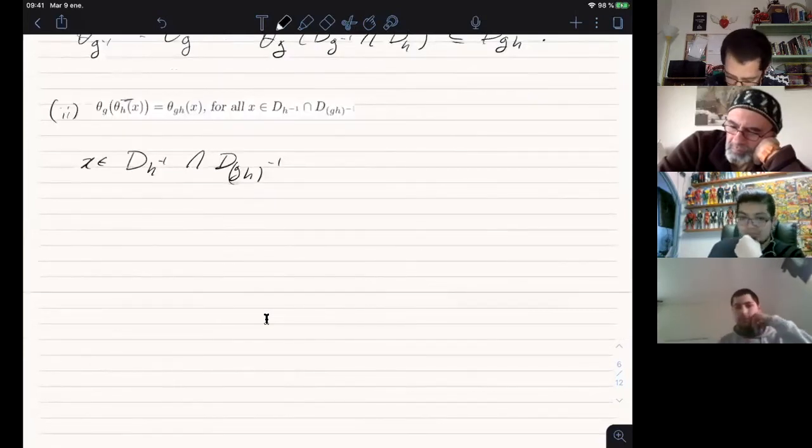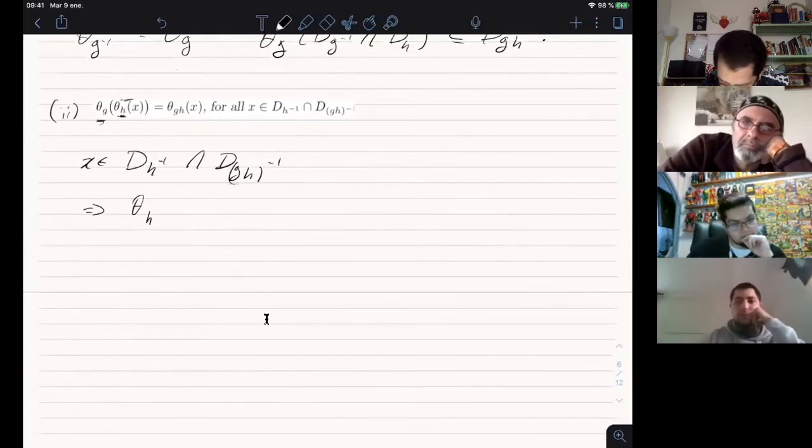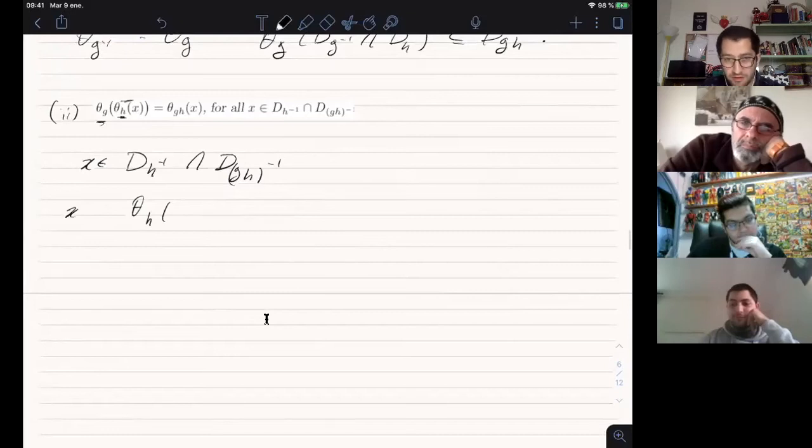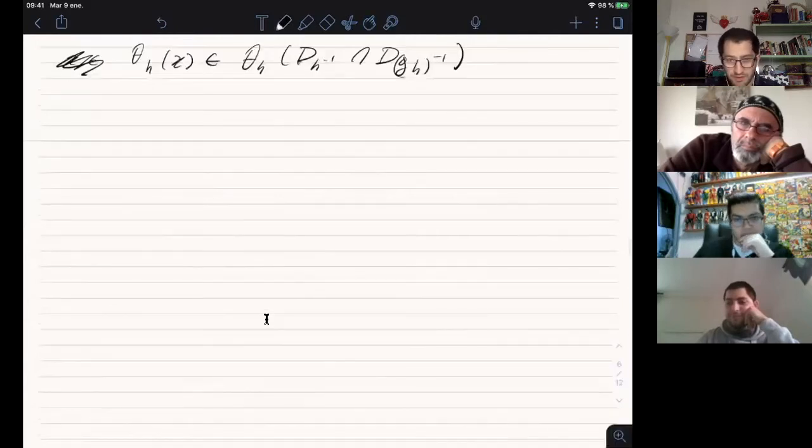Then if we apply theta h, because remember we had to apply theta h and theta g, then x is going to belong to D_{h minus 1} intersected with this.